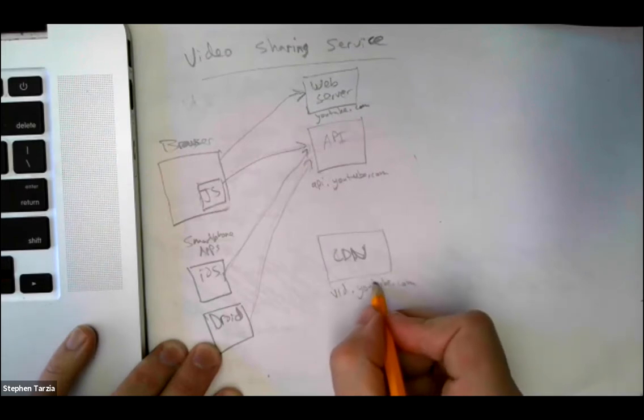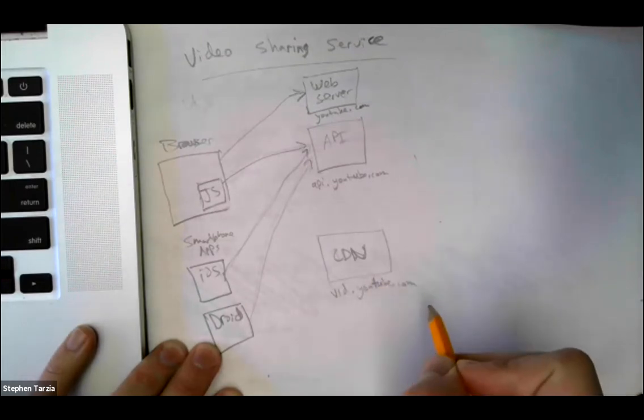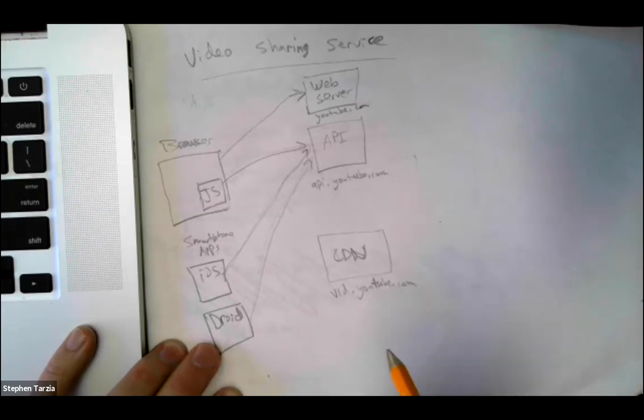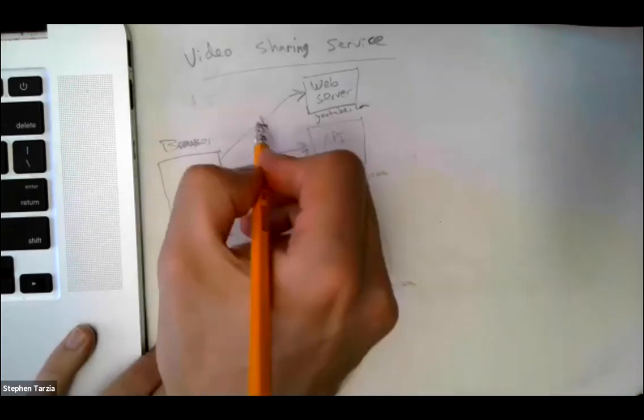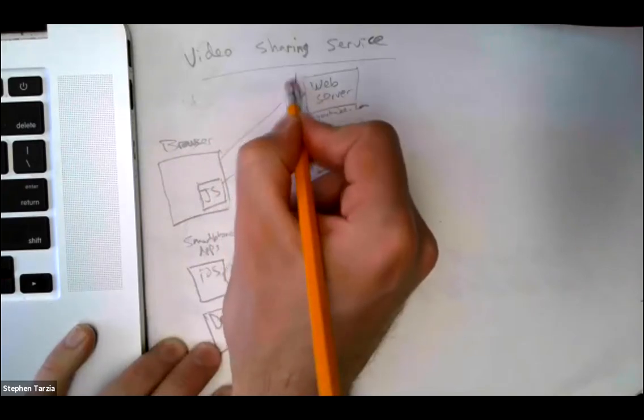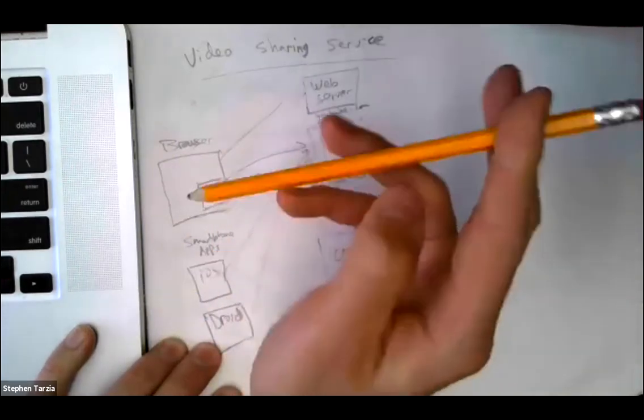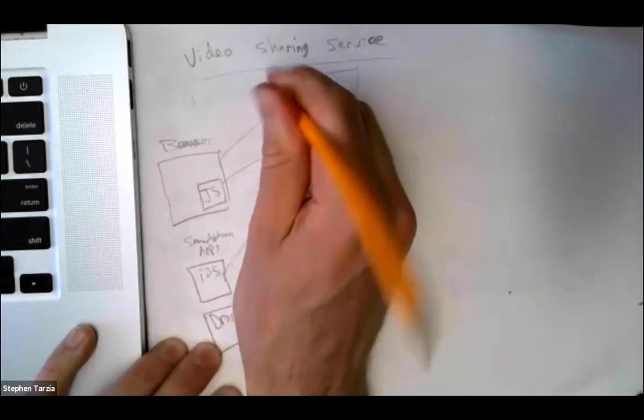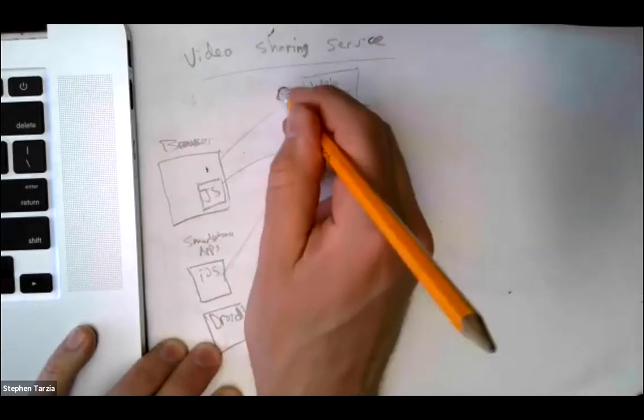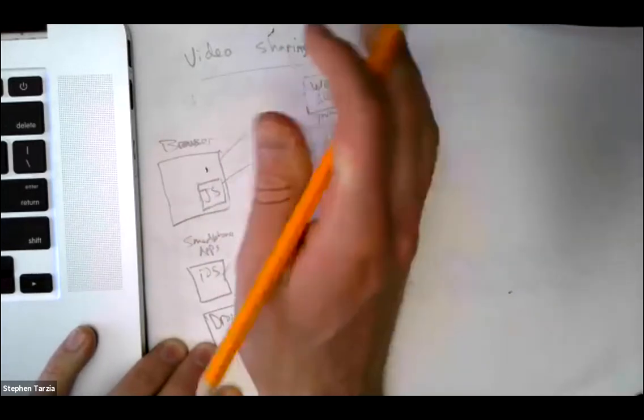This is for the video content. And actually, you might also have a CDN in front of your web server just to cache the static pages that might be the same.